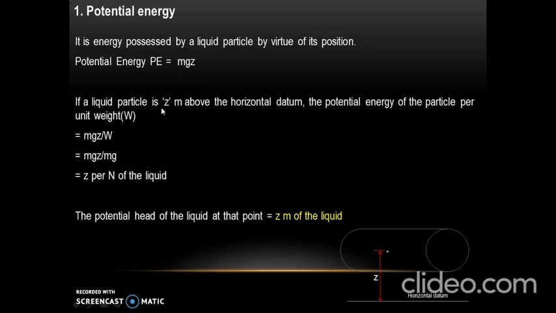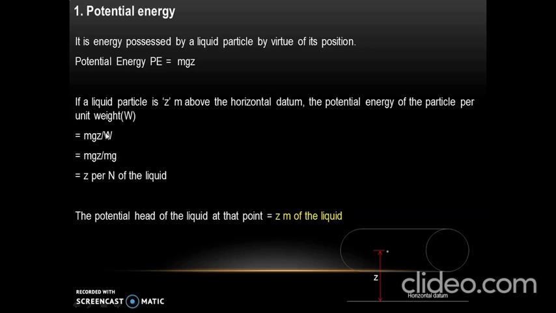If a liquid particle is z meter above the horizontal datum, the potential energy of the particle per unit weight will be potential energy divided by W, because it is per unit weight. So divided by W will give us the potential energy of particle per unit weight.